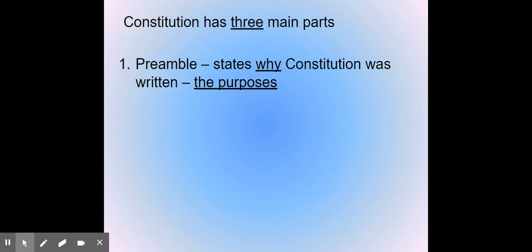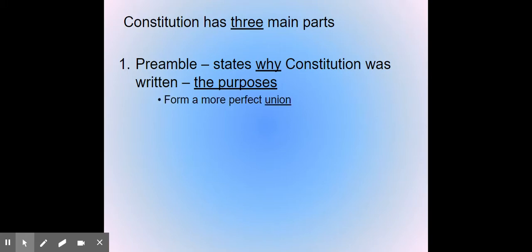Okay. Not we the state of Virginia, or we the state of Massachusetts, or we the southern states, or we the larger states. We the people. It's everybody. Okay. We, the people of the United States.